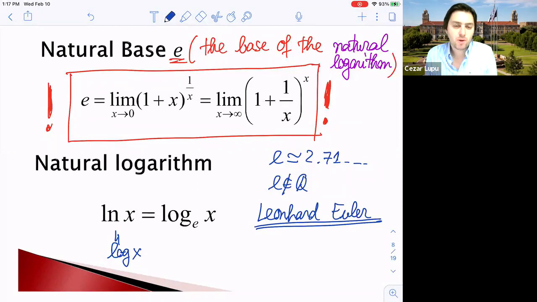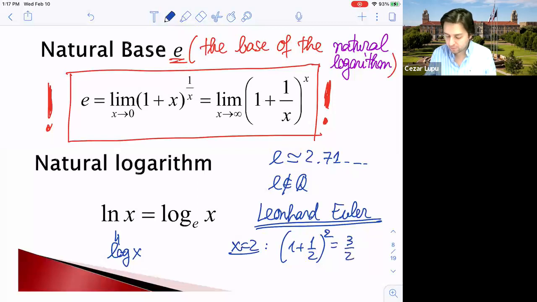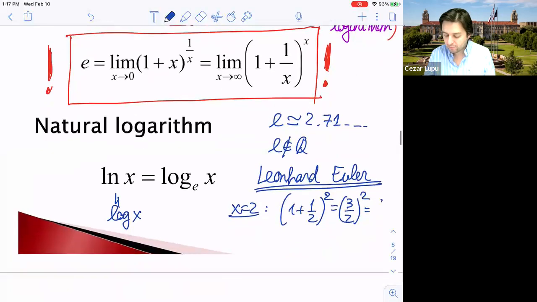For example, if you plug in small numbers, let's just say not infinity, let's say you take x equals 2. You'll get 1 plus 1/2, everything to the power 2. It will be 3/2, everything squared. So this would be 9/4. And 9/4 will be, something like 2.25, which is getting close to 2.71.